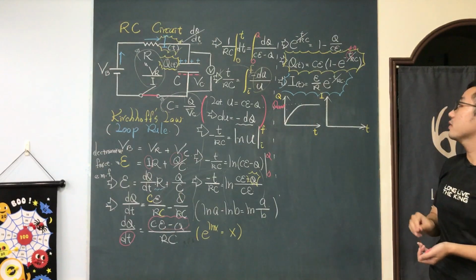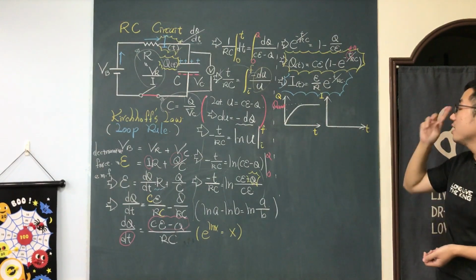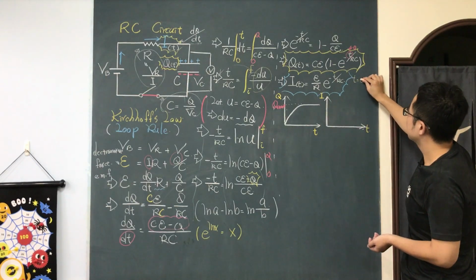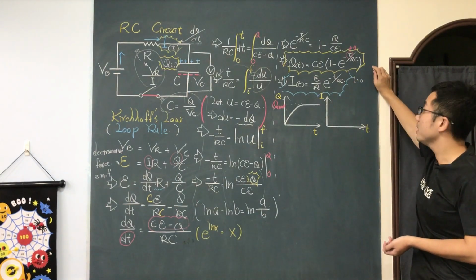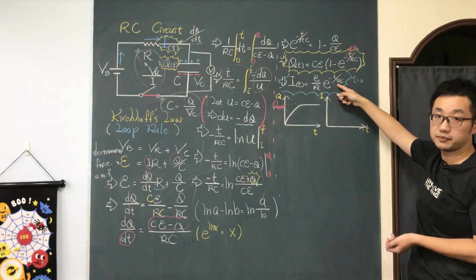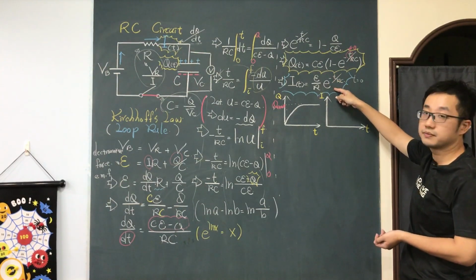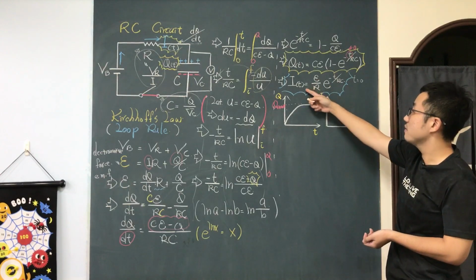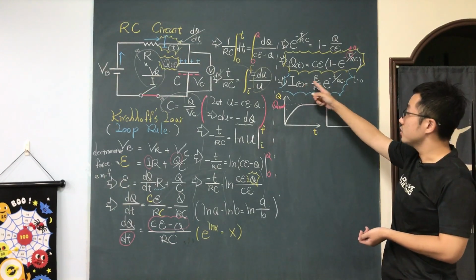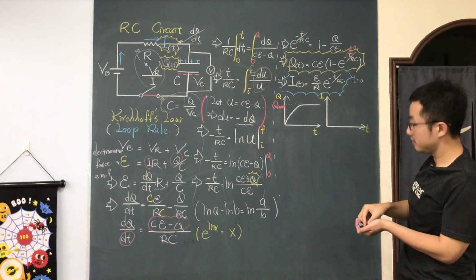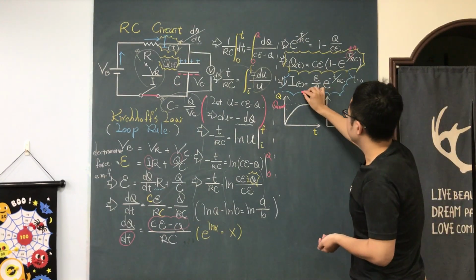Okay, and what about the current I? The current I, let's say at time equals 0, anything to the 0 power is 1. So at time equals 0, this whole term is 1. So you will get the maximum value for the current I, which is the E over R. So you can just simply write the E over R. The E over R is I naught.